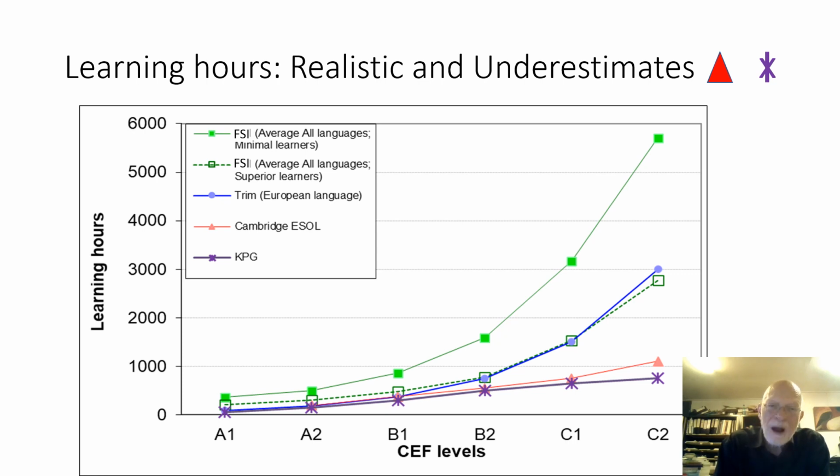They think it would require only about 1,000 hours, whereas in actual fact, it needs 3 times as many hours, 3,000 hours, according to the FSI and according to John Trim.